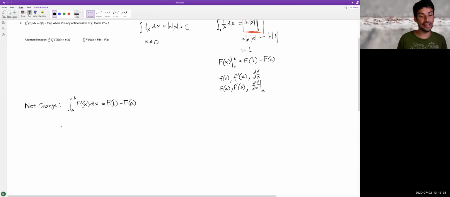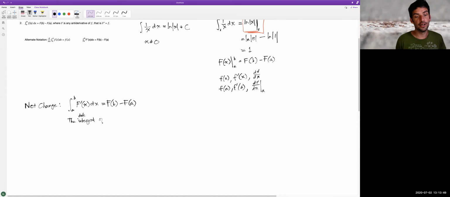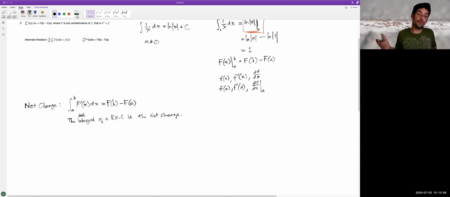And that's the idea we want to say here: the integral, and I should really say the definite integral, of a rate of change is the net change. We've already seen this when we integrate over a velocity.